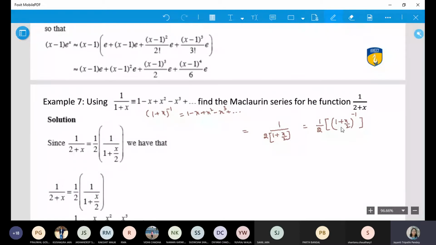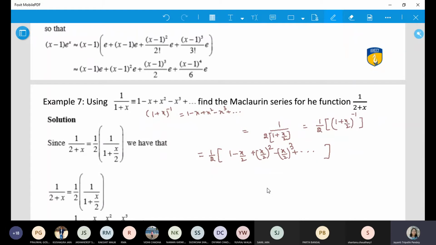Now, in place of x, you have x by 2. So when you do the expansion, it is half times 1 minus x by 2 plus (x by 2) squared minus (x by 2) cubed. This is the expansion.